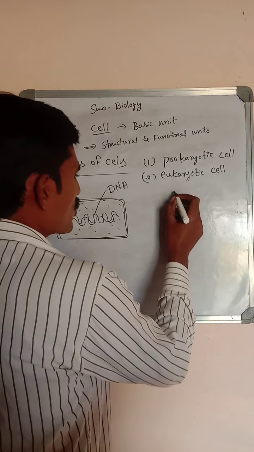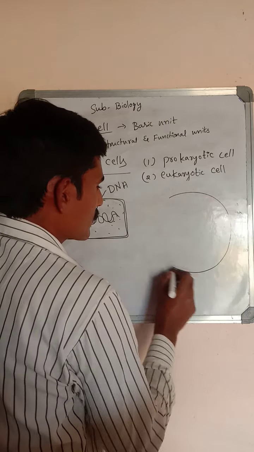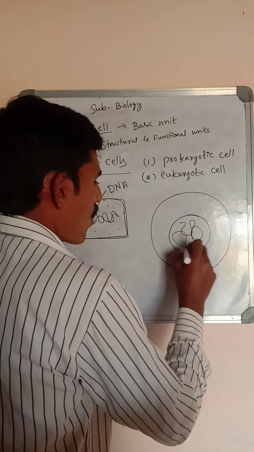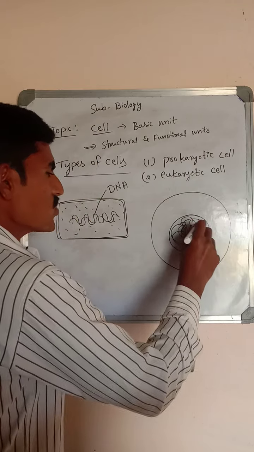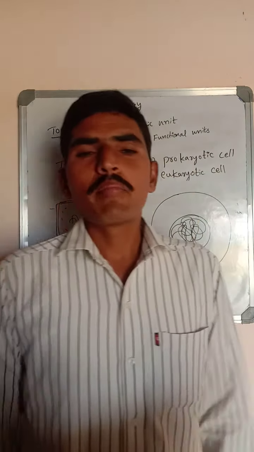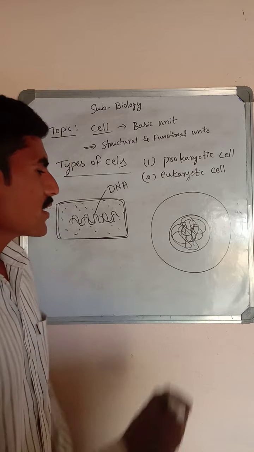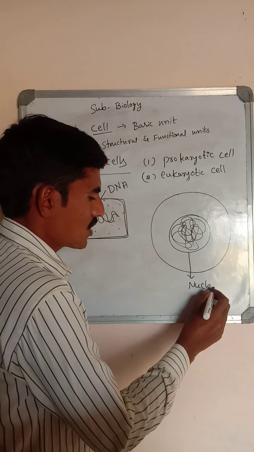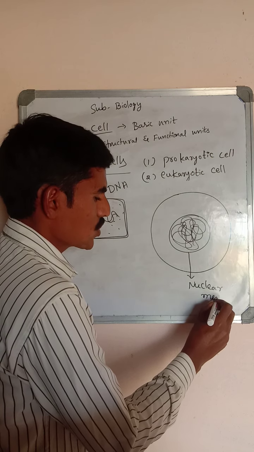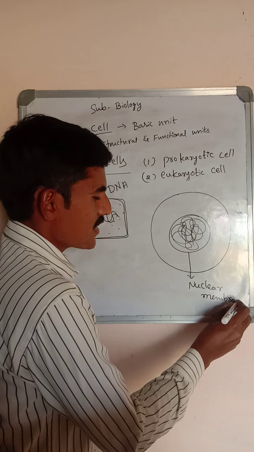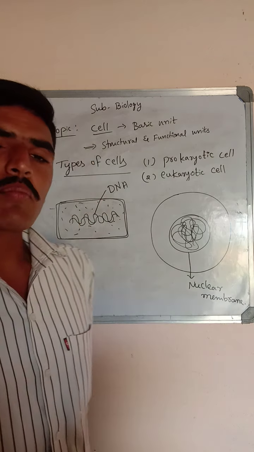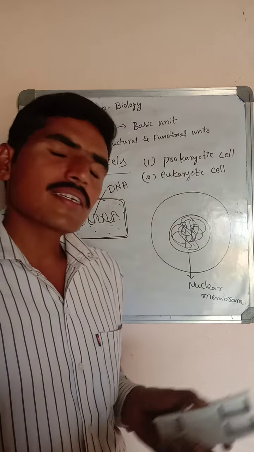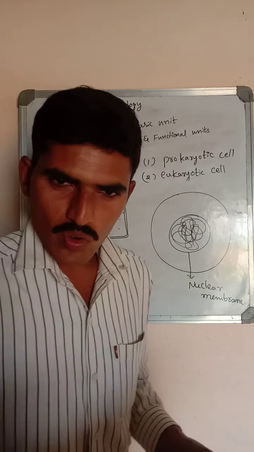Whereas in eukaryotic cells, the genetic material or DNA is enclosed or covered by a membrane called the nuclear membrane. If the DNA is present inside the nuclear membrane and it has a true nucleus like this, we call it a eukaryotic cell.